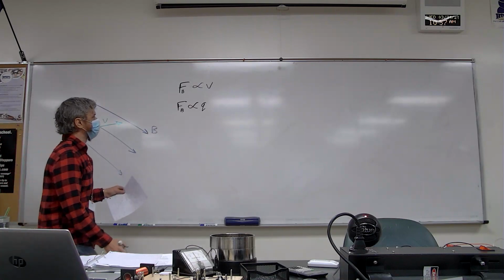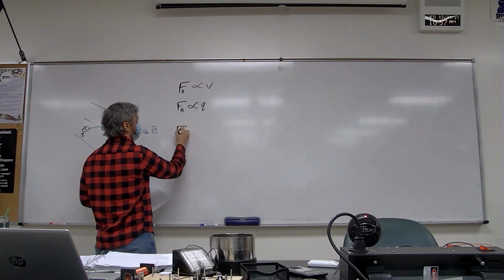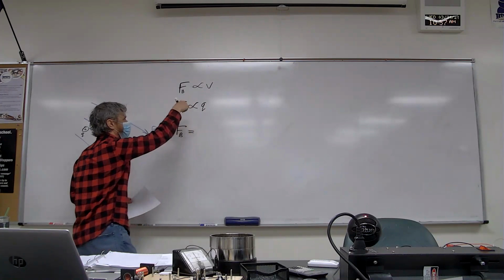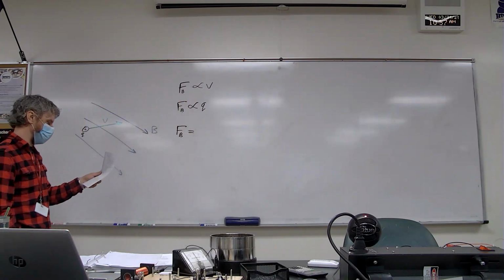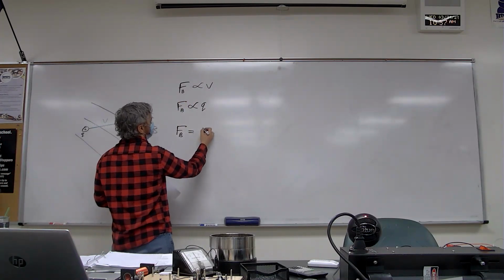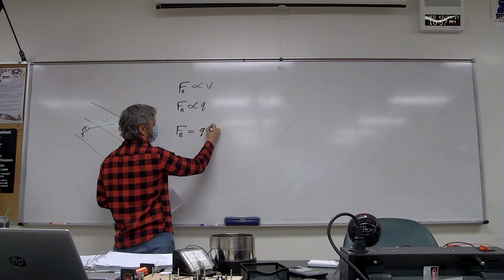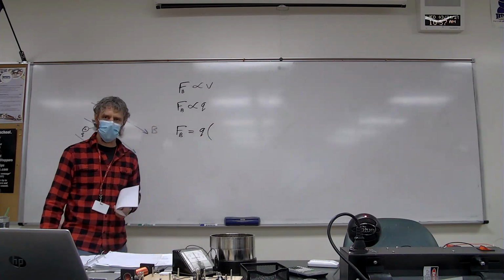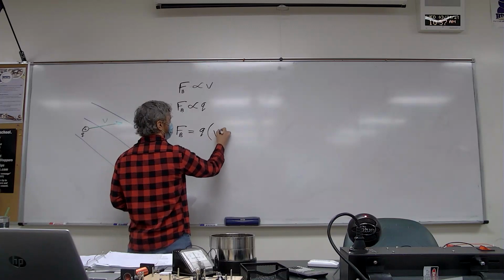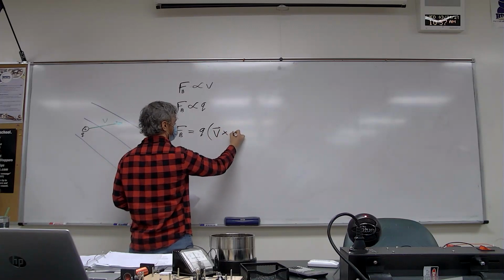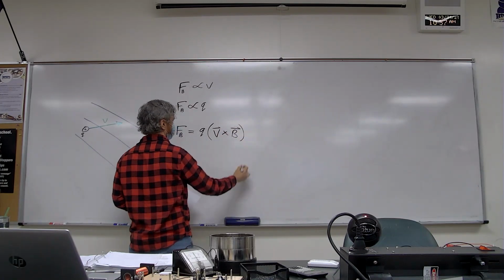When I tie these proportions together into an equation, the force is equal to the charge times the cross product of the charge's velocity and the magnetic field.